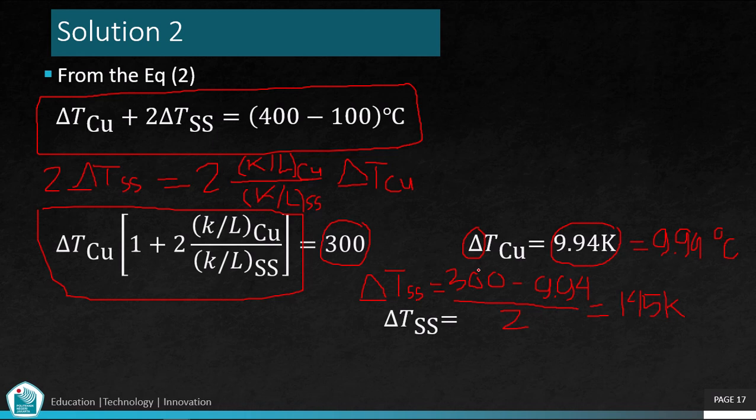And then from delta TSS, we can know the value of the temperature of the copper on each side.